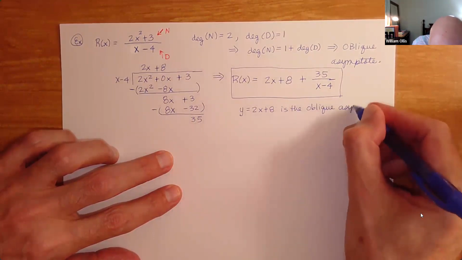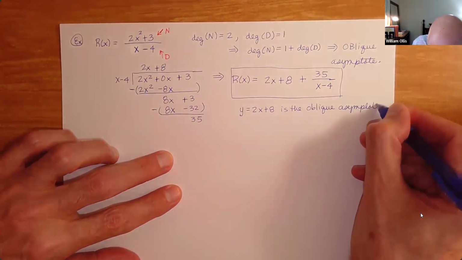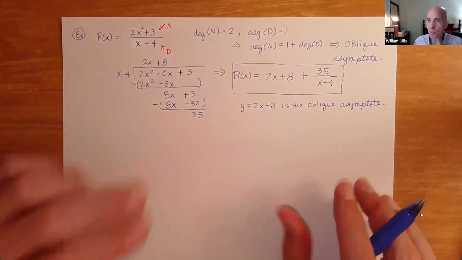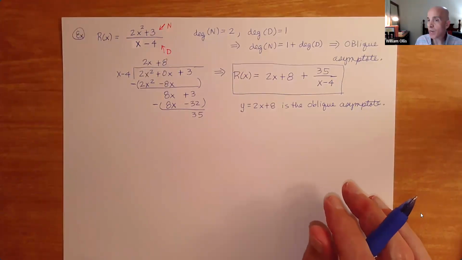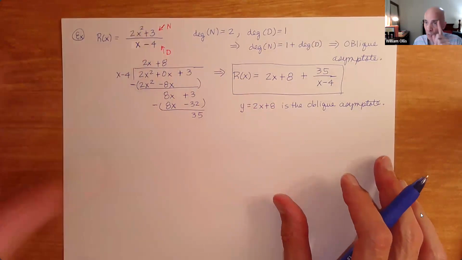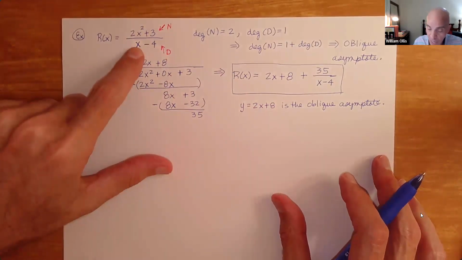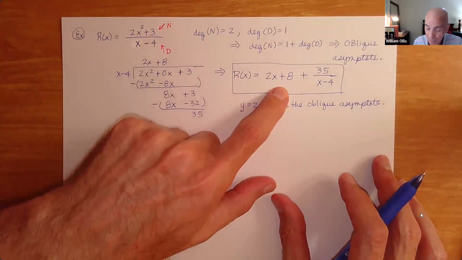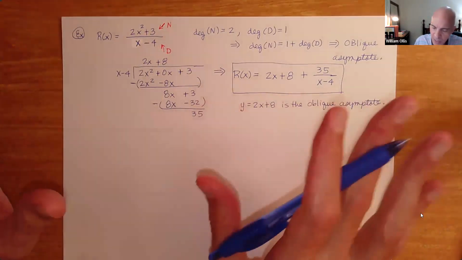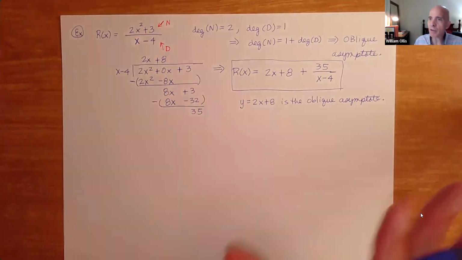So I wanted to do an example where we cover all three types. That is y equals 0, y is the ratio of the leading coefficients, and then where we have the degree of the numerator one more than the degree of the denominator, which gives us this. So we're good with this. Now notice, let's go ahead and do all of the other analysis.